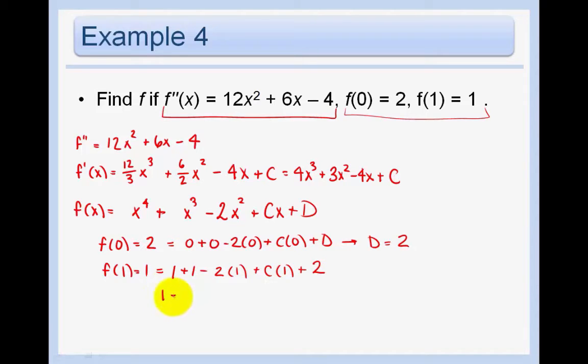So we have 1 equals 2 minus 2 plus c plus 2. C equals negative 1. Therefore, f of x equals x to the fourth plus x cubed minus 2x squared plus cx, so we have minus x, plus d.